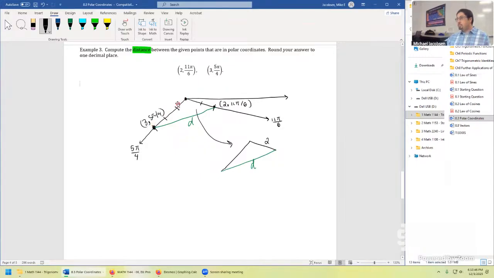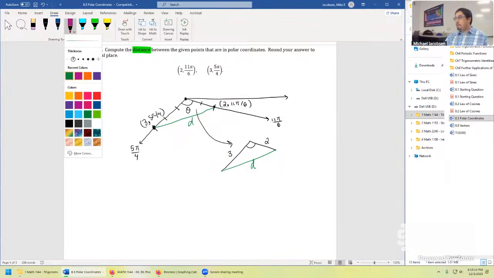Distance going this way is 3, so we can label a 3 going this way. All we're missing is that internal angle. If we can get the angle here, law of cosines is going to give us the exact distance. Will give us the square distance, and then we'll just take the square root. So now it boils down to, what is this measurement right here? We could call it, say, theta. Let's put it on the original diagram as well.